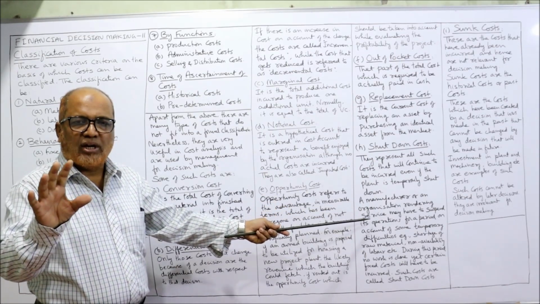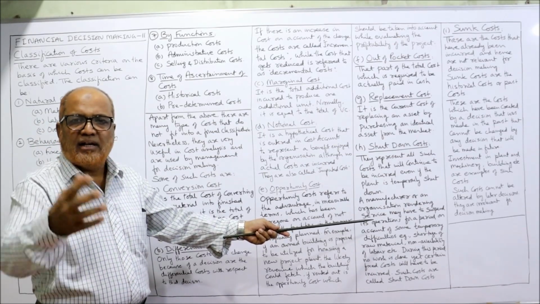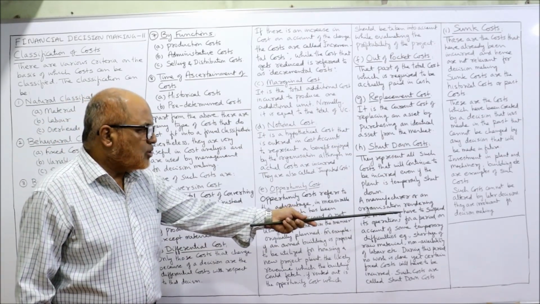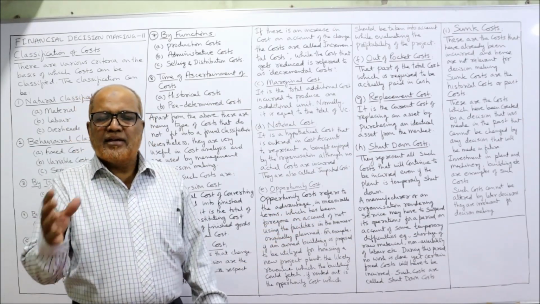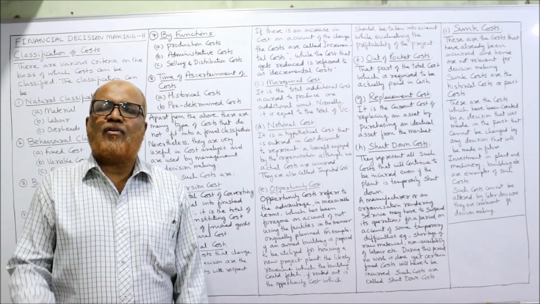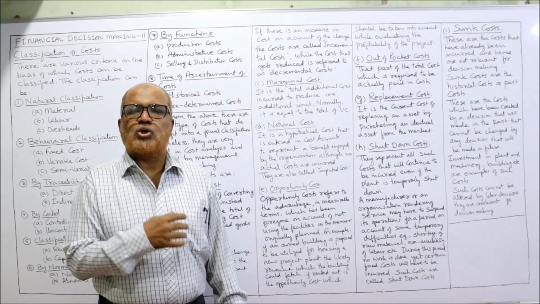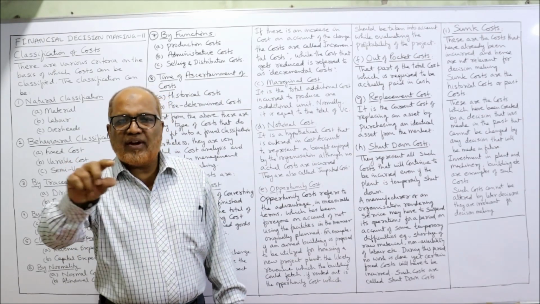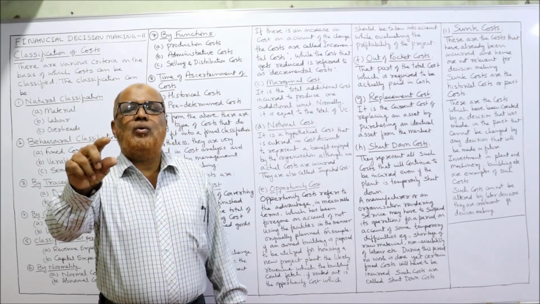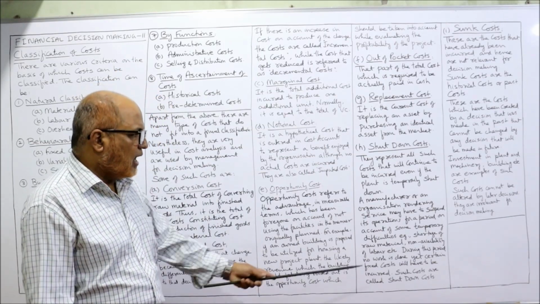Whether the organization is a manufacturing organization or a service organization, it may have to suspend its operation for a period on account of some temporary difficulties. Sometimes the organization is confronted with difficulties like material shortage, power shortage or labor shortage, due to which the plant has to be temporarily shut down.